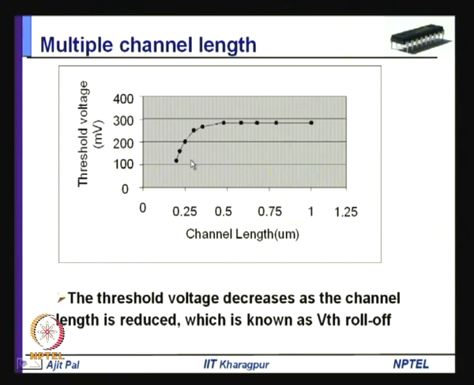So, this can be utilized to have multiple threshold voltages by varying the channel length by a small amount, and you can see there is a significant change in the threshold voltage: a little more than 100 millivolt to a little less than 300 millivolt, as the channel length varies from maybe 0.2 micron to 0.5 micron. This is a very interesting technique for changing the threshold voltage by varying the channel length. This is the third technique.